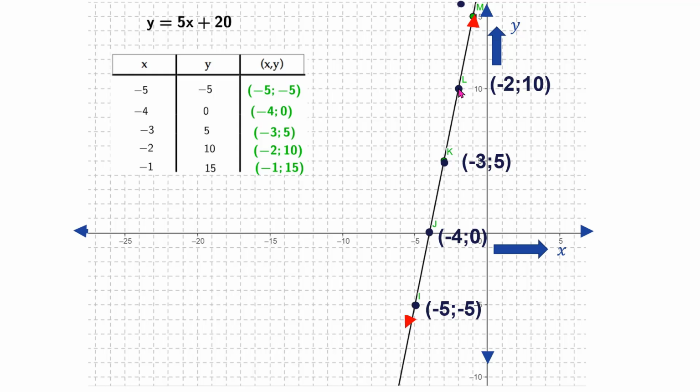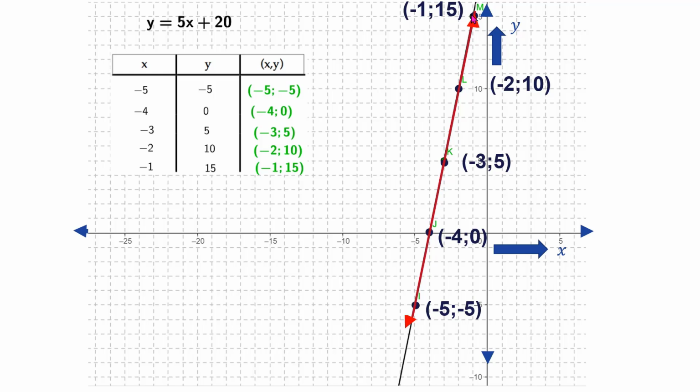And the last one, -1 on our x-axis, go along the y-axis, 10, and that's our point. And with a couple of points, we connect the points, and we've got a line with 2 arrows, because this pattern can continue infinitely, and that's why there are arrows.